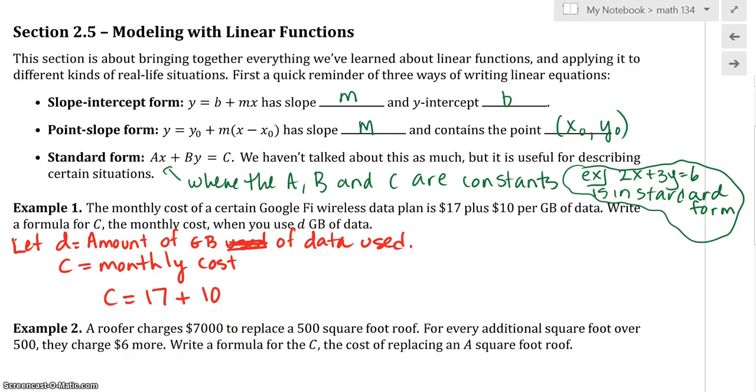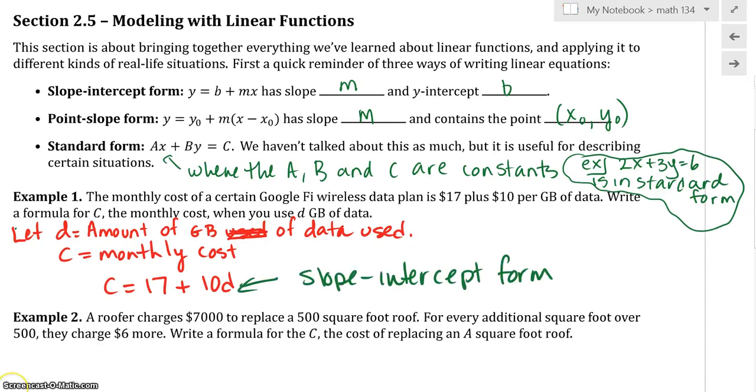So we want to just add that D there, and it does make sense because when D is 1, it would be 10. When D is 2, it's 20. It's $10 for each gigabyte we use. What form is that? That is in the slope-intercept form. And that is the answer.